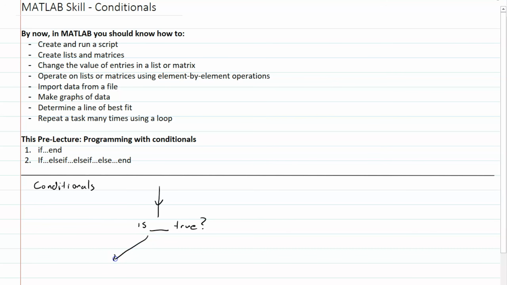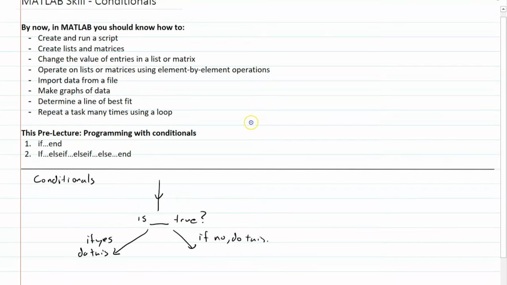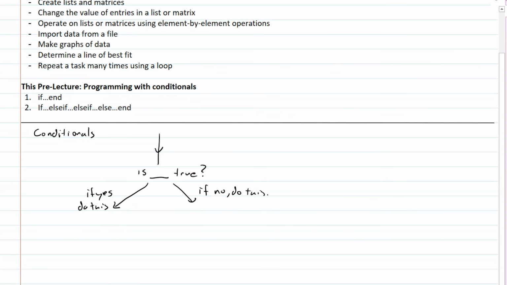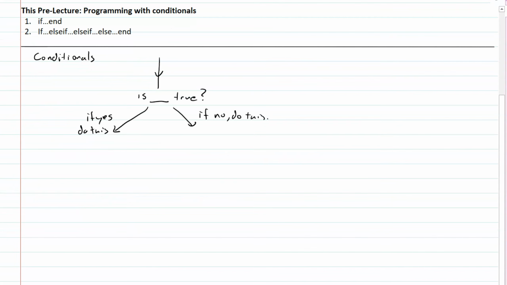And then it's like, if yes, do this. And if no, do this. So it's like creating a branch in your code. And the command that we use to do this is called the if ... end command.